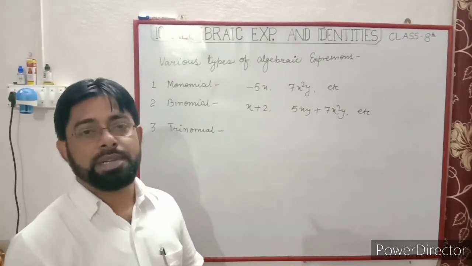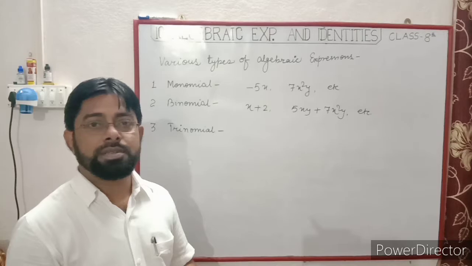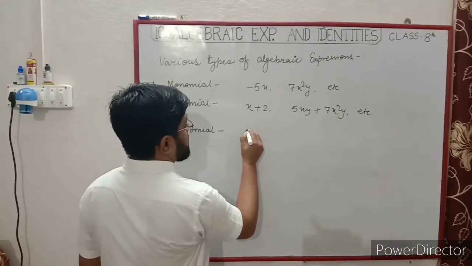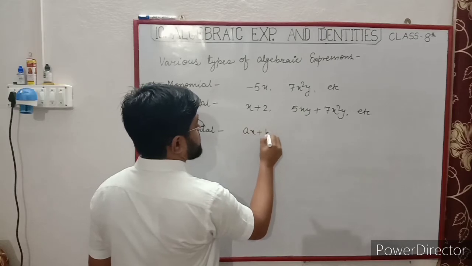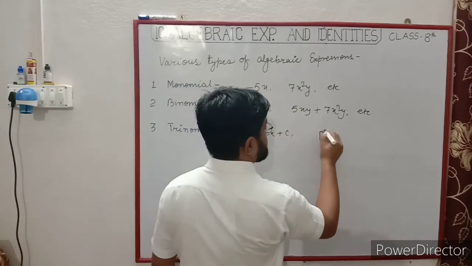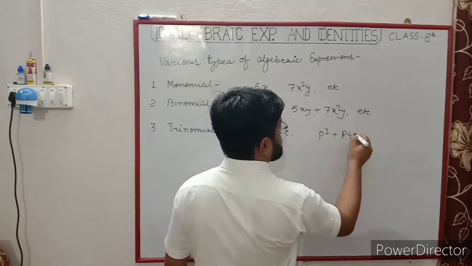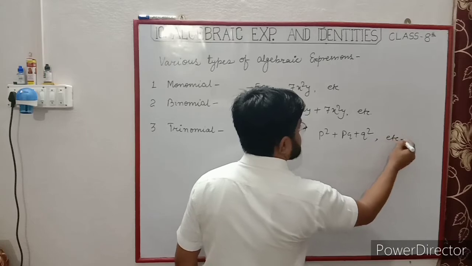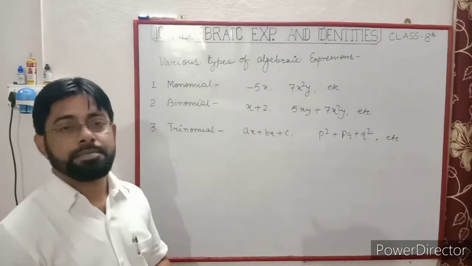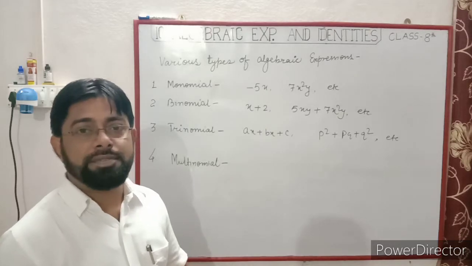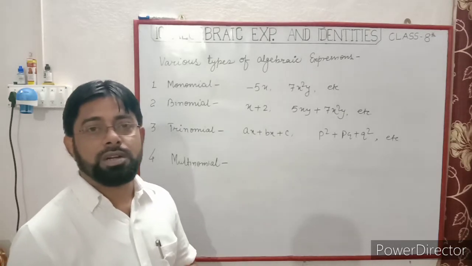An algebraic expression having three terms is called trinomial. For example, ax square plus bx plus c, p square plus pq plus q square, etc. Now, multinomial. An algebraic expression having two or more terms is called multinomial.